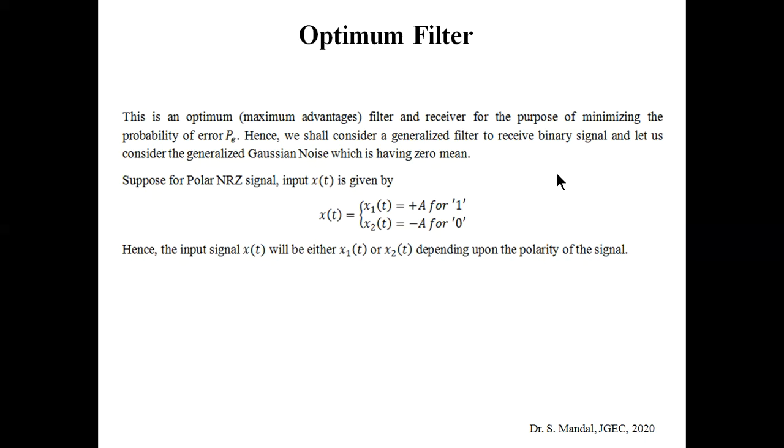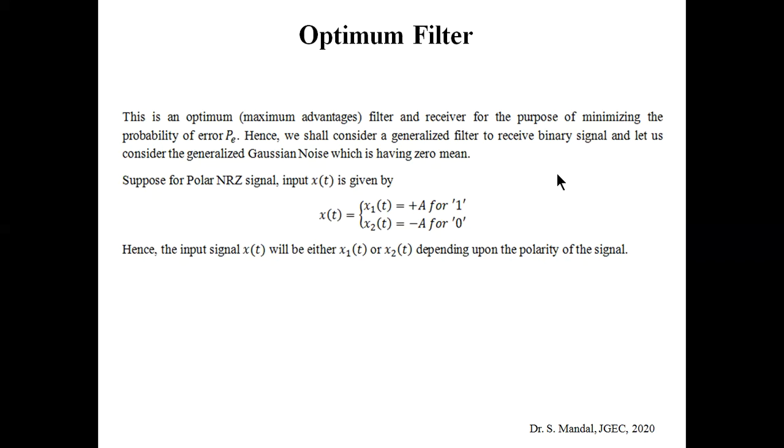So the input to the receiver can be given by x(t), as the line coding used is polar energetic. For 1 the transmitted symbol will be plus A, and for 0 the transmitted symbol will be minus A volt.